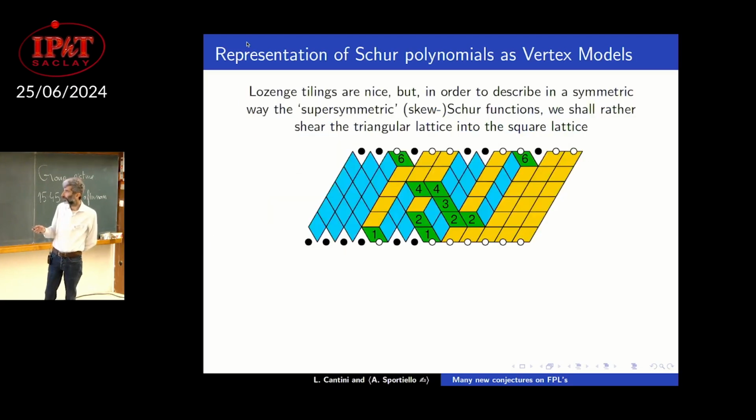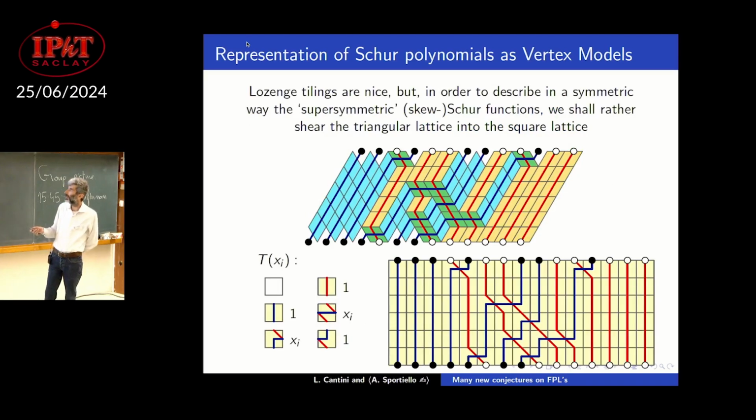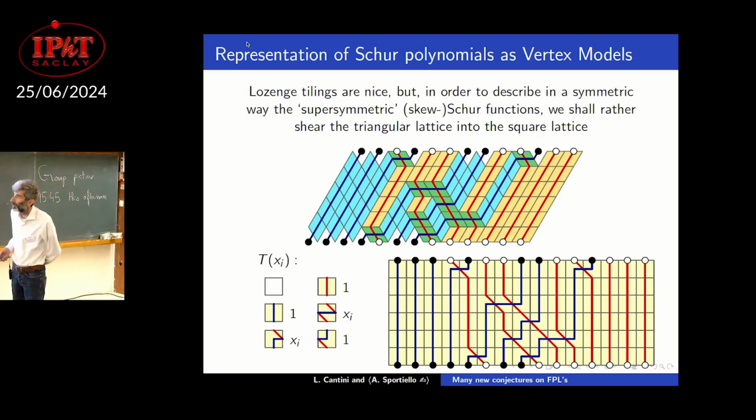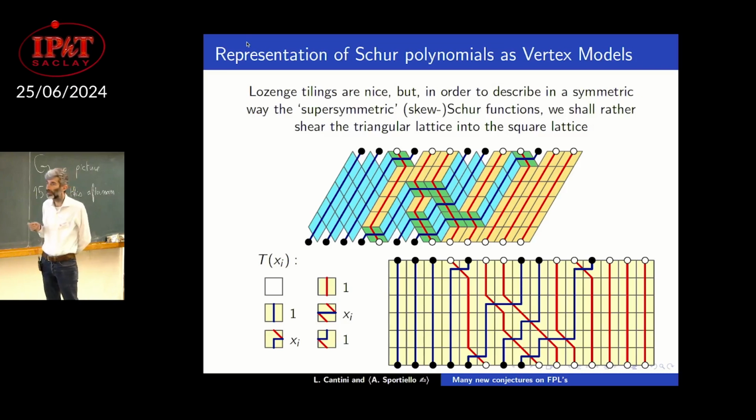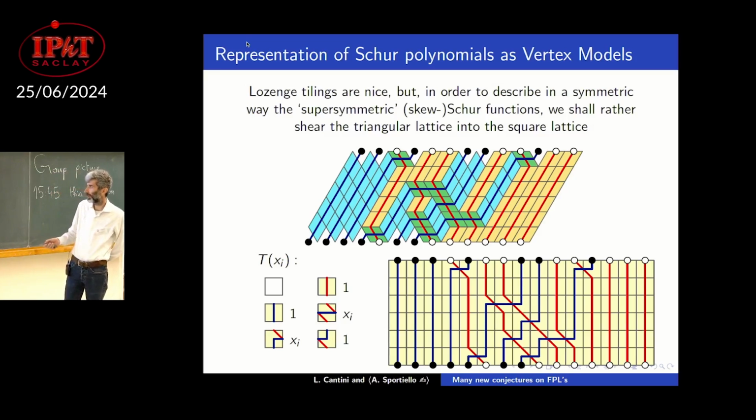It's a matter of taste to take lozenges with 60 degrees and to straighten them up into squares. But I do that here because using squares is kind of compulsory in order to describe supersymmetric polynomials in a compact way, so I will stick to this notation for a long while.